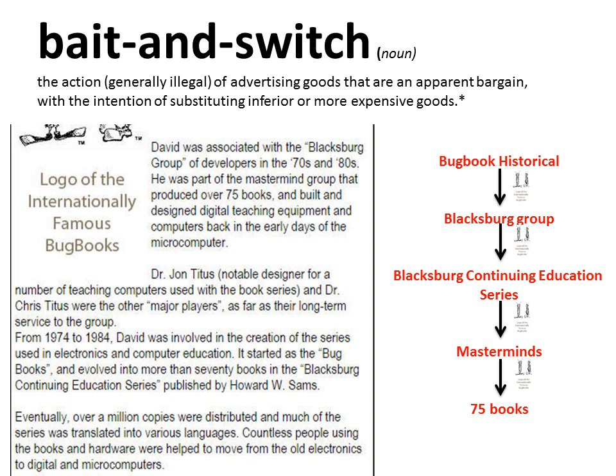And so what did the masterminds do? Well, they were responsible for collecting a group of authors who collectively, in their estimation, produced 74 published books. Well, we go from the bait of Bug Book Historical and switch to a series of books and self-appointed masterminds.